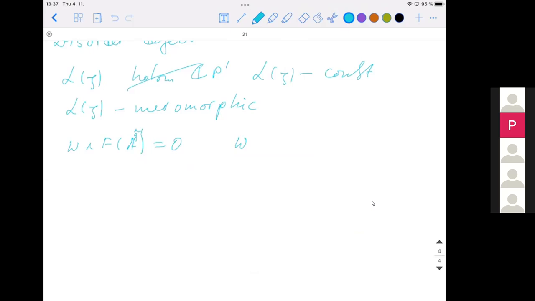We can write this in terms of L, and it is also zero, which is why we call L meromorphic.